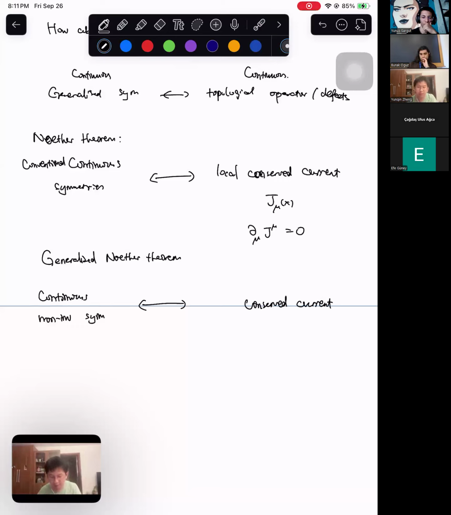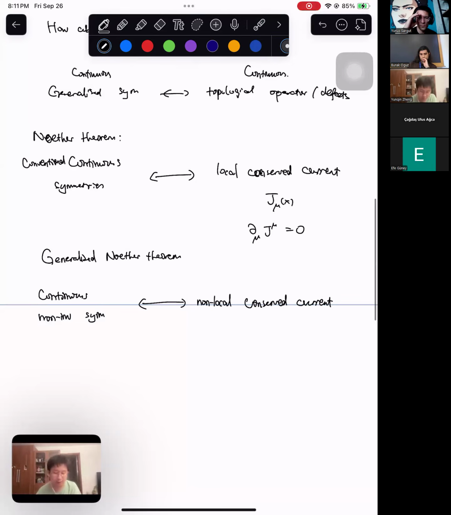But this conserved current is not local. It's a non-local conserved current. And later I'm going to clarify what I mean by this word non-local. But this is the slogan.